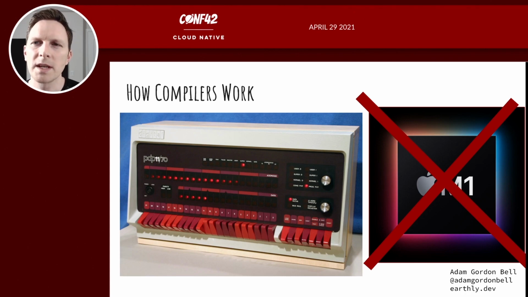The C code would be taken by the compiler and it would be converted into PDP-11 assembly instructions. But this is direct mapping. It poses a problem. Whenever you have a new machine, it means you need a new compiler. And what language do you write that compiler in? The first C compiler, as I said, was written in PDP-11 assembly, but you don't want to have to repeat that for every new machine architecture, for every new CPU. What happens when the VAX 11 comes out, or the new Apple M1 that you see here on the right?